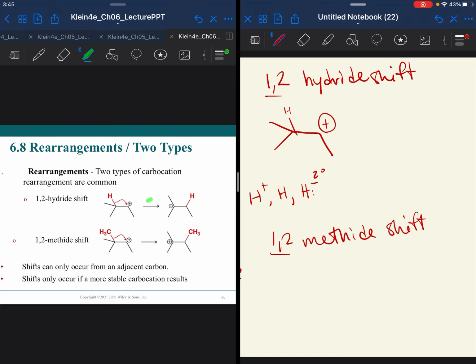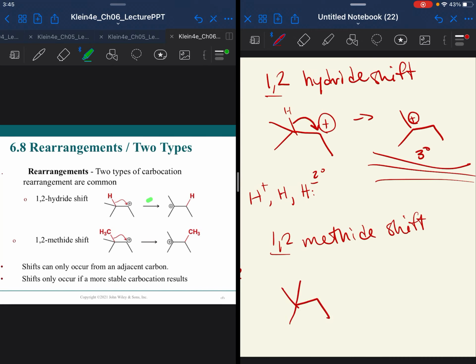Hydride is a hydrogen with 2 electrons. So both electrons are shifting. It's taking the hydrogen and both electrons in that bond and shifting over. And the reason it does that is because we go from a secondary to a tertiary carbocation, more stable. It won't go in the other direction. You will only rearrange to make something more stable.